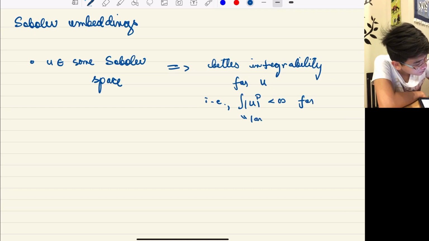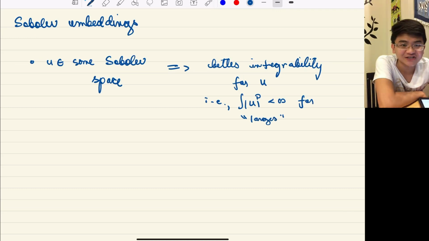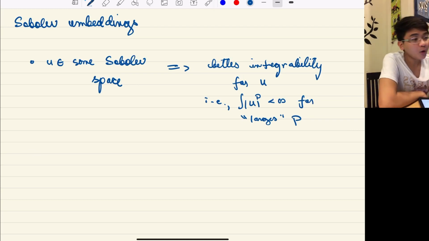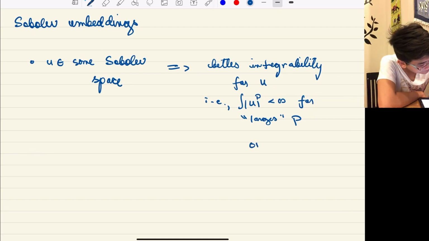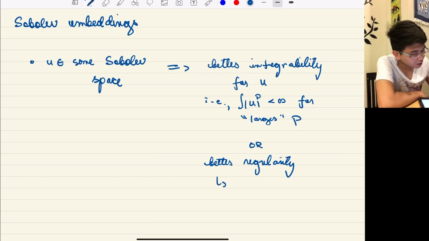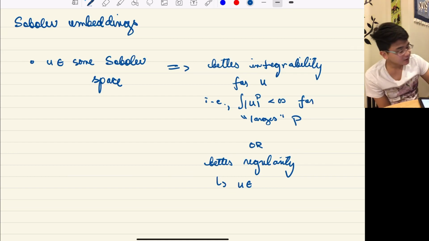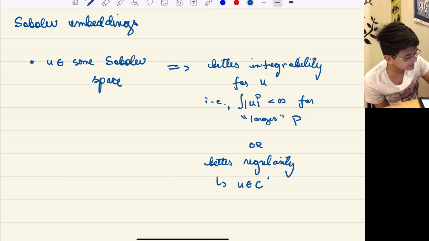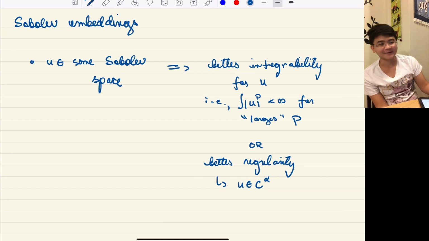Let's put that in quotes, because there's a limit to how large it is. So for larger P, you have better integrability, or you can have better regularity. For instance, you might be able to show that U is actually continuous, or more than that, it's in C alpha, it's Hölder continuous.